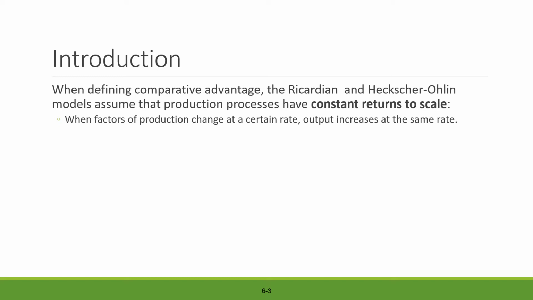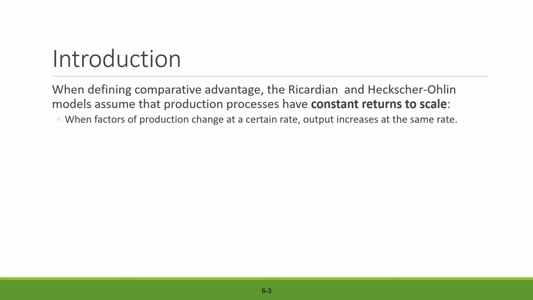For example, again, let's say that we have 10 units of labor and 10 units of capital, and we double them. We have now 20 units of labor and 20 units of capital. But instead of the output growing from 100 to 200, now the output grows from 100 to 300. So this is increasing return to scale.